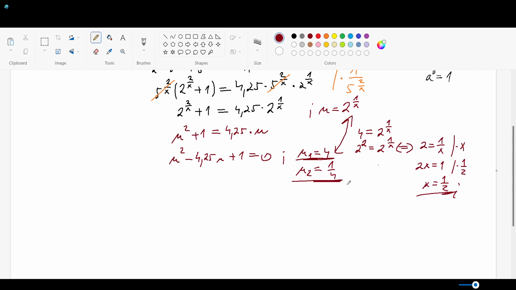This is our first solution, and the second solution is again from the second root of our quadratic equation, and back again to the substitution, 1 over 4 is equal to 2 to the power 1 over x. This is equal to 4 to the power of negative 1.